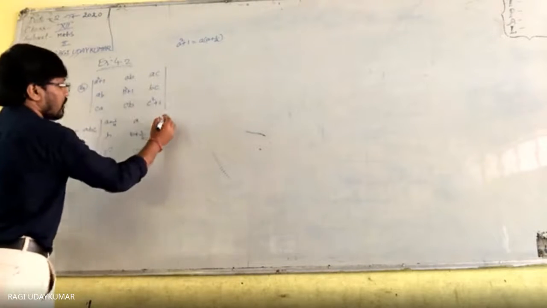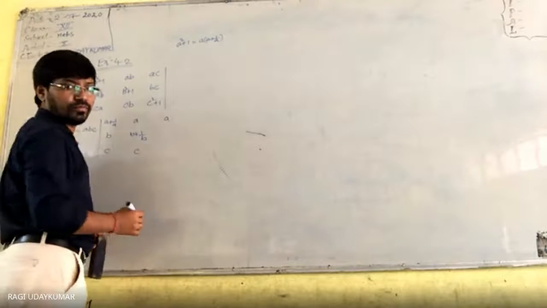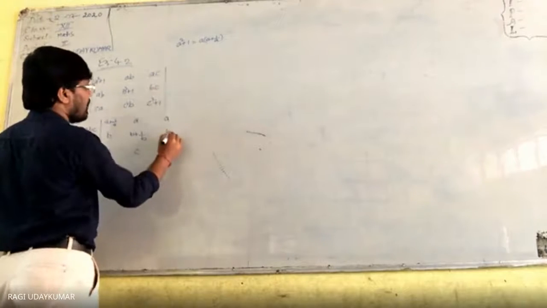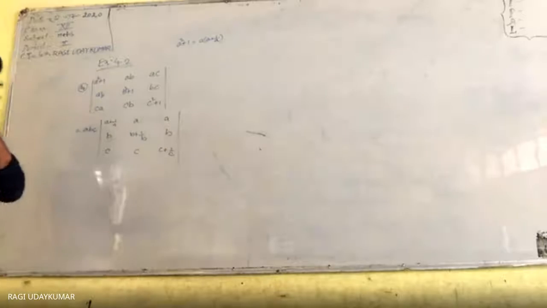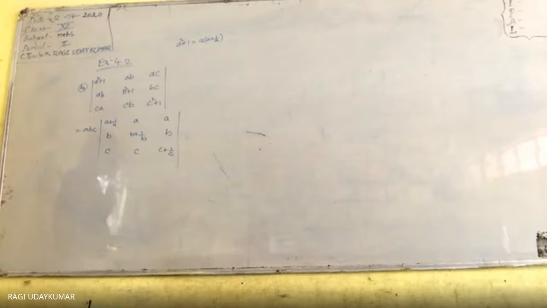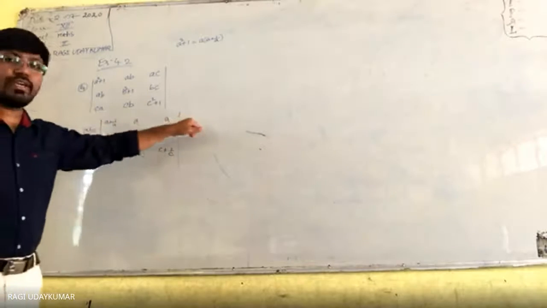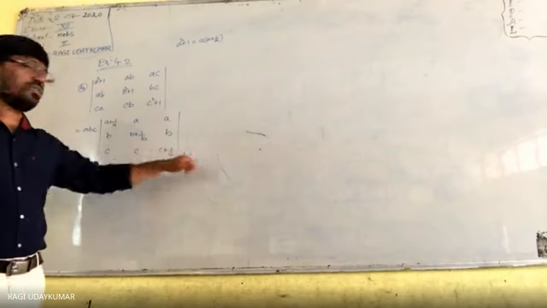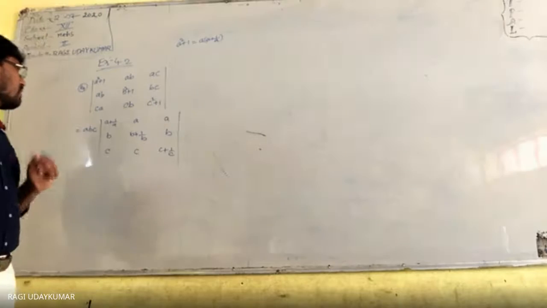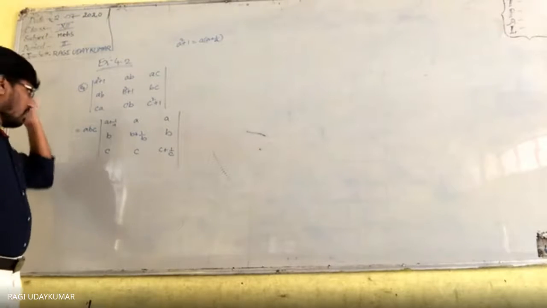And from this c if you take common, a, b, c plus 1 by c. And if you observe properly, here completely a you have in the first row, b in the second row, c in the third row. Okay, so now what to do here?